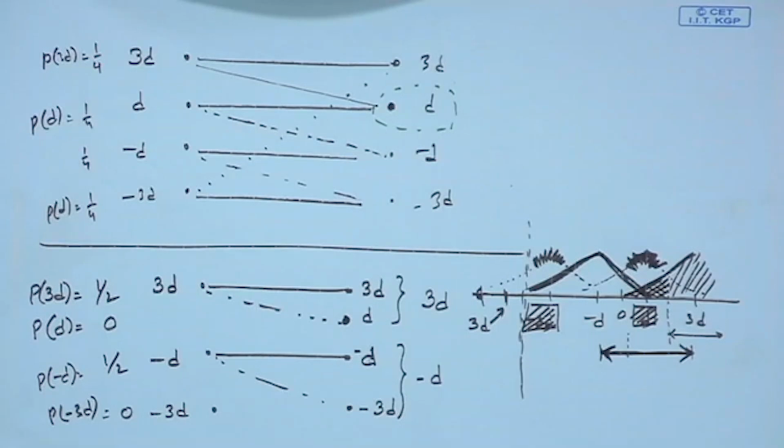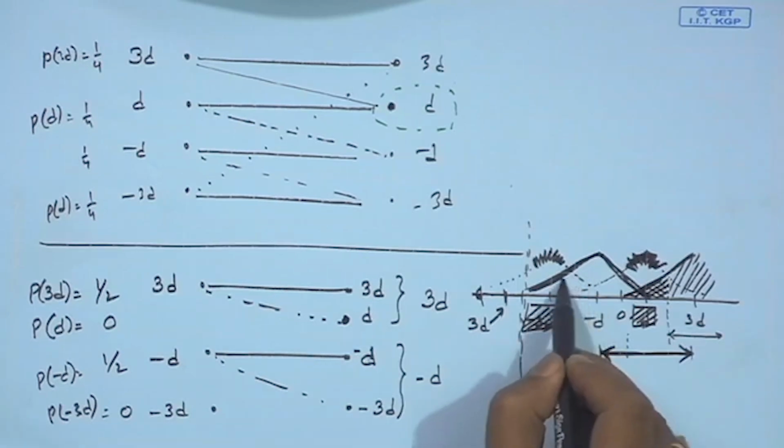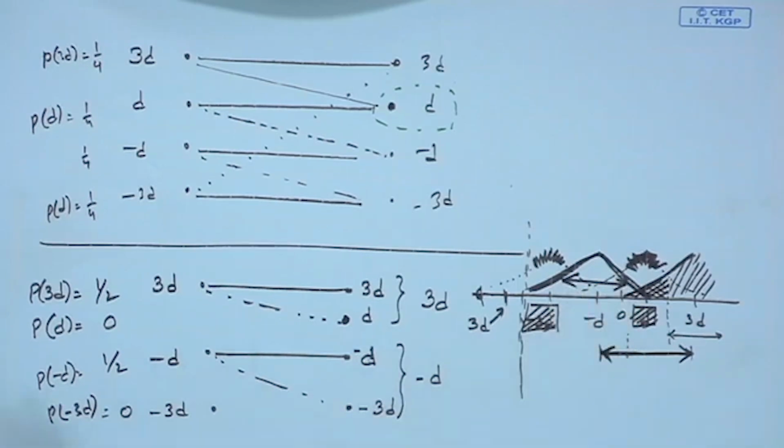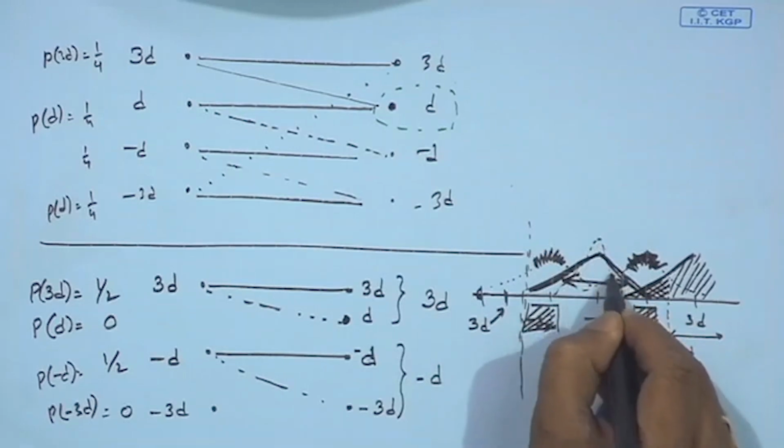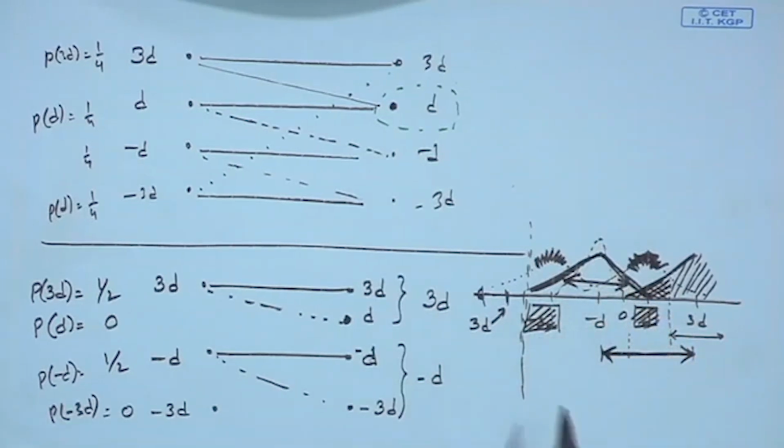Now, this is because of the transition probabilities, and remember the transition probabilities are because of the variance of noise. If the variance of noise would have been different, suppose the PDF is narrow, the transition probabilities would be different and our result would have been different, right.